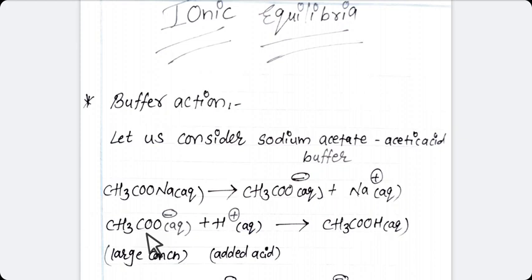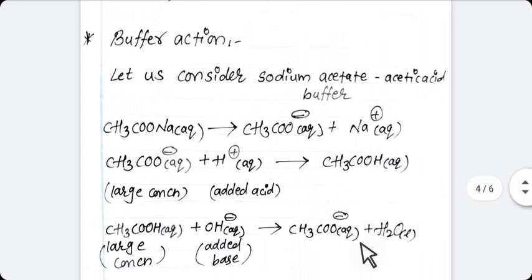We are having the buffer solution, means sodium acetate or acetic acid buffer. In this we are adding strong acid. So this strong acid reacts with acetate ion, which is produced by sodium acetate, and produces acetic acid.